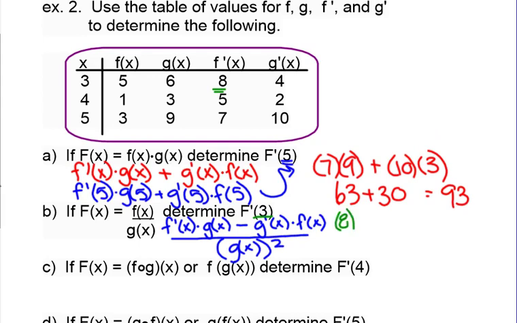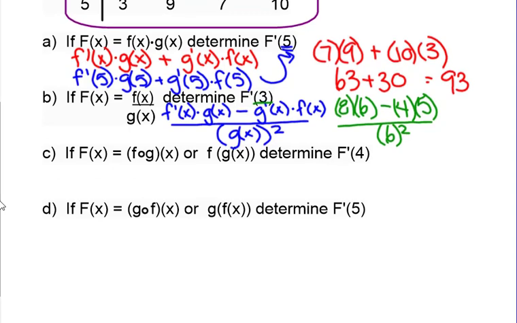Our g of 3 is 6 minus our g prime of 3, which is 4, times our f of 3, which is 5, all over our g of 3, which is 6, squared.